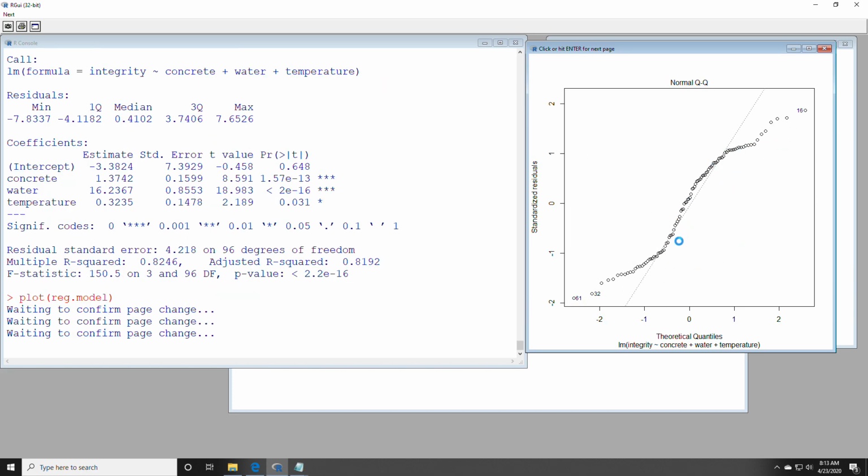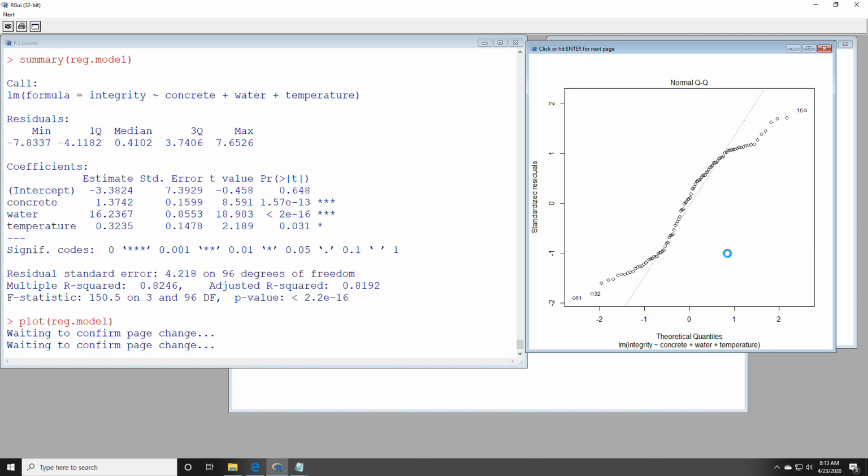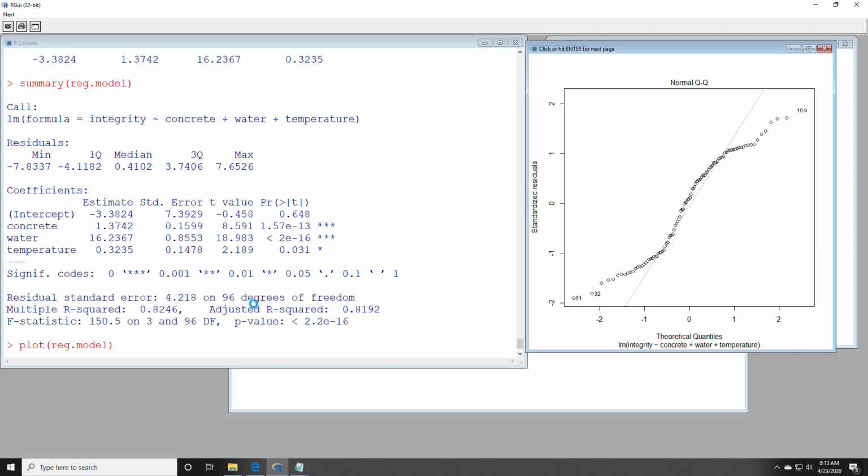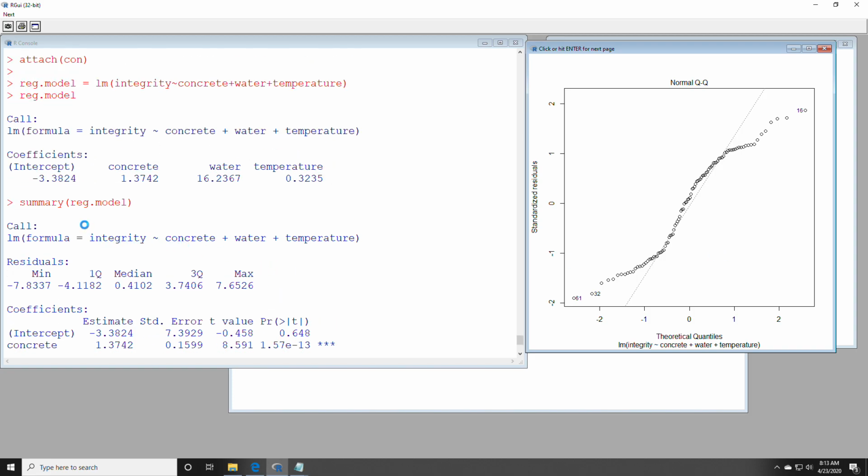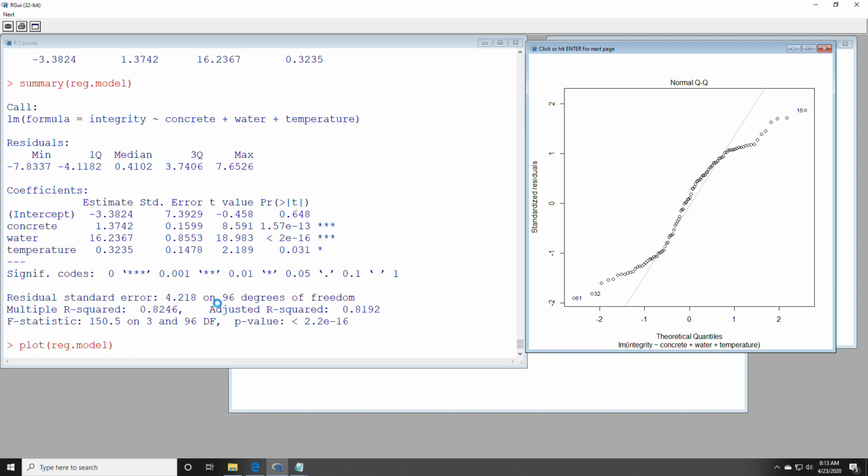Let's look at the normal QQ plot. We can also see that the residuals do not appear normally distributed. Okay, so basically we've just got a horrible model here. That's one reason understanding the assumptions is very important, because as I said, we could have just fit this model, seen that we have a reasonable R squared and that the terms in the model are significant, and just reported, okay, here is our model.